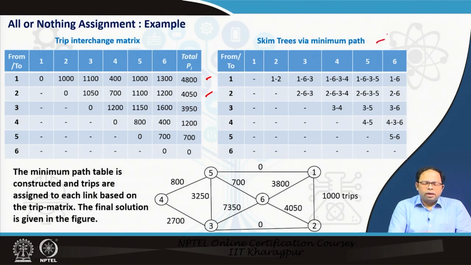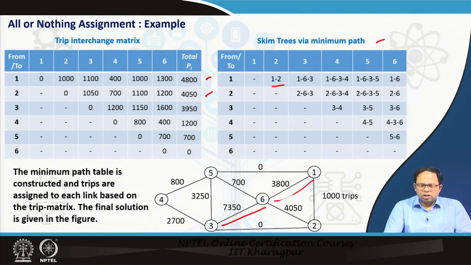So we determine, based on the impedance data for this particular network, we have already determined how to estimate the shortest path, and we can use any one of the algorithms, and using that we have determined over here the shortest path between 1 to 2 is 1 to 2. That means this is the link, and then 1 to 3 is via 163.